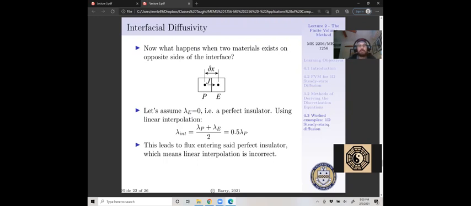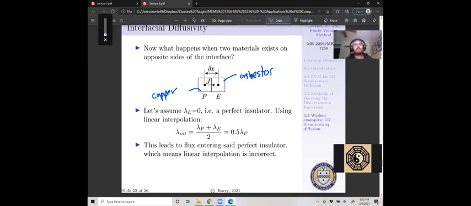Imagine this. Imagine we have our cell center P, our control volume P, and our control volume E. Now, let's say we have two different materials. Let's call P copper, and let's call E asbestos, because it's a really good insulator.